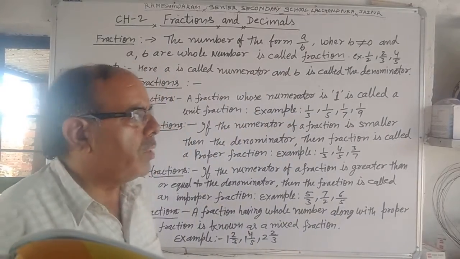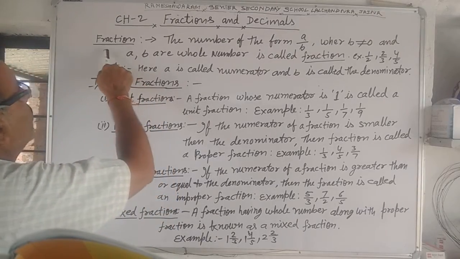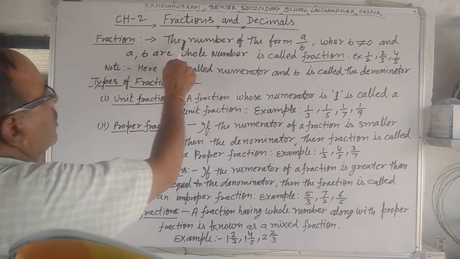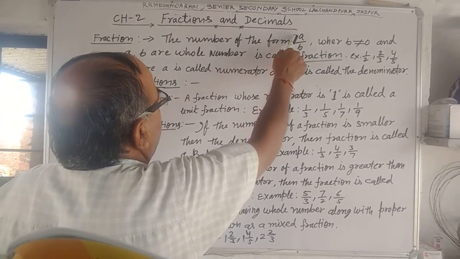The definition of fractions: a fraction is a number of the form a upon b.